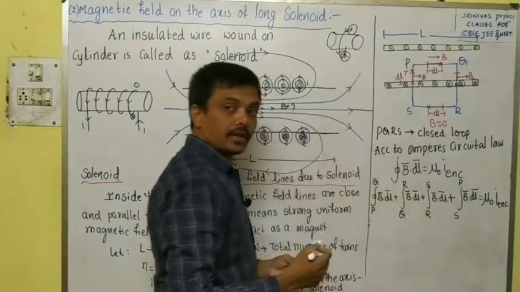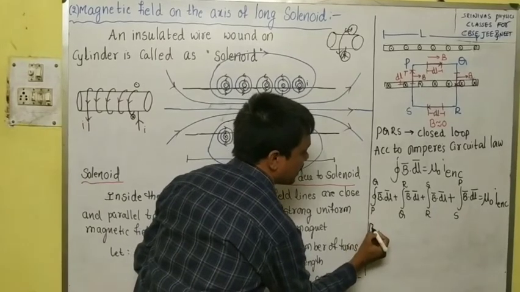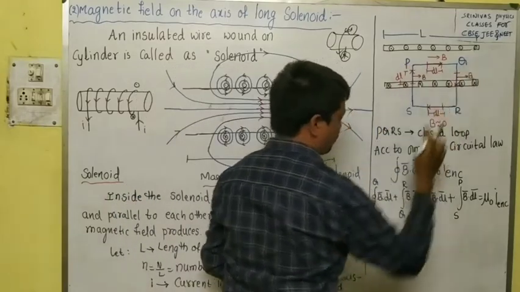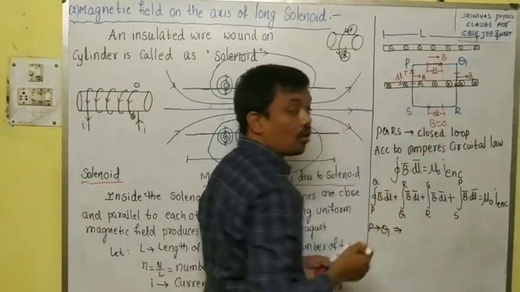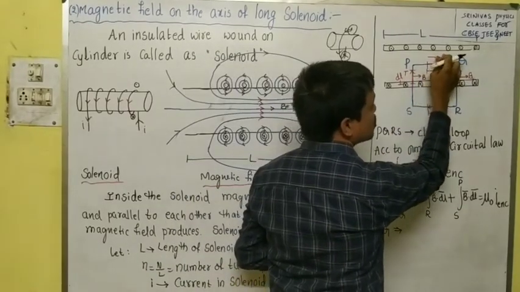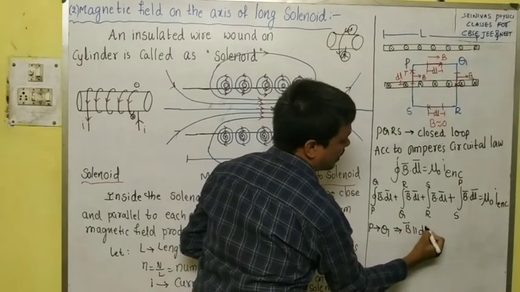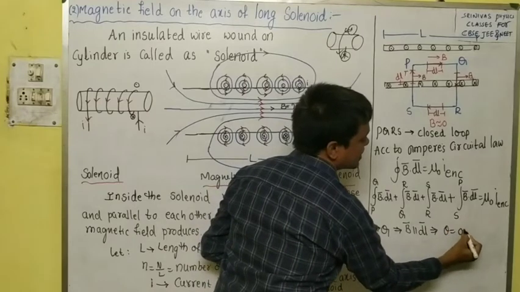The continuation is from P to Q. Look here, the PQ part. For the PQ part, how are B bar and dl bar? dl is a small element I am taking on the right side, and B is also on the right side. That means B bar is parallel to dl bar, so the angle between B and dl is 0.